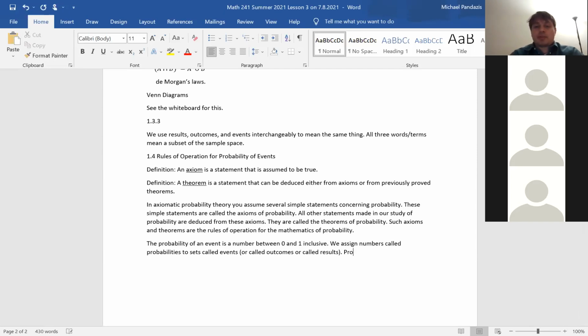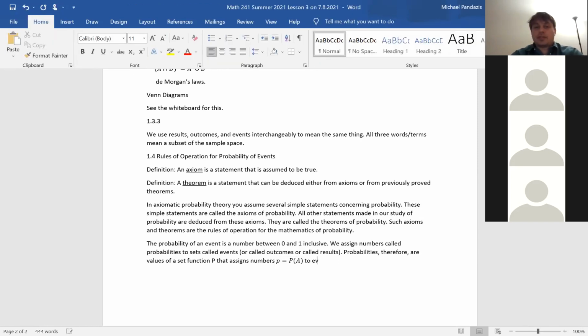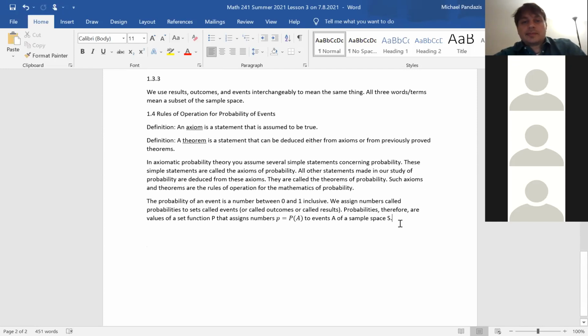Okay. Probabilities, therefore, are values of a set function, capital P, that assigns numbers, little p equals the probability P of A, to events A of a sample space S. Okay, so I feel like this is important.